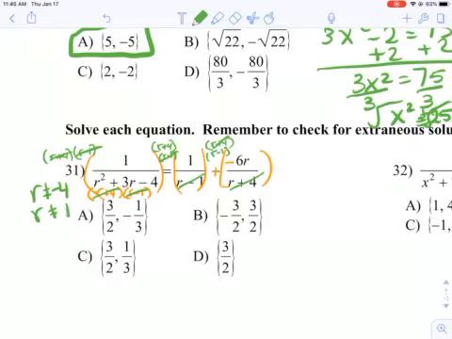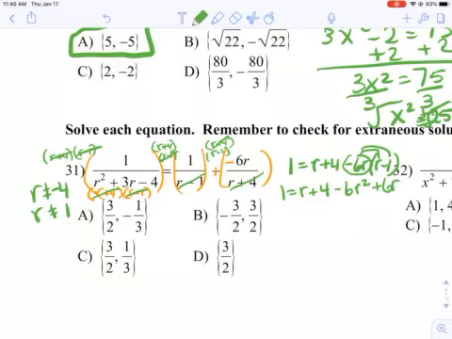So when we're done with this, we have 1 equals r plus 4 times 1, and then minus 6r times r minus 1. So we're going to take a negative 6 all the way through here. So 1 equals r plus 4 minus 6r squared plus 6r.